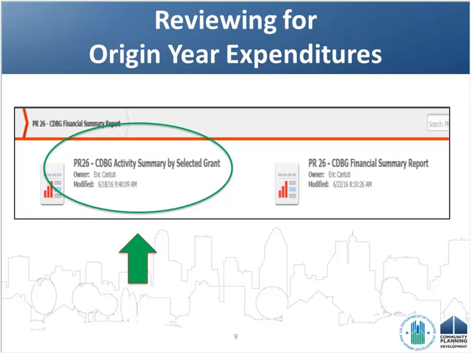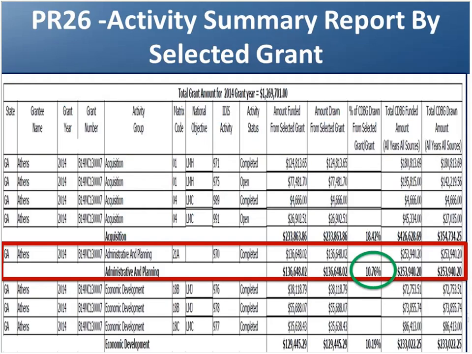The other is the PR26 CDBG Financial Summary Report. If you click PR26 CDBG Activity Summary by Selected Grant, you can see a list of activities that used a specific grant, and all the activities are grouped by activity type.